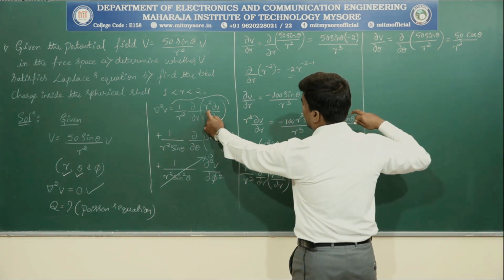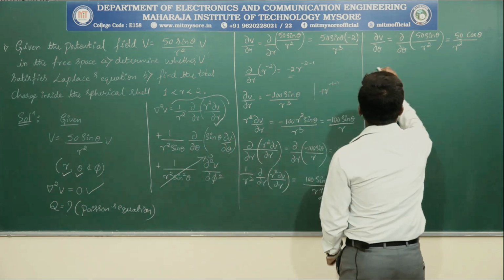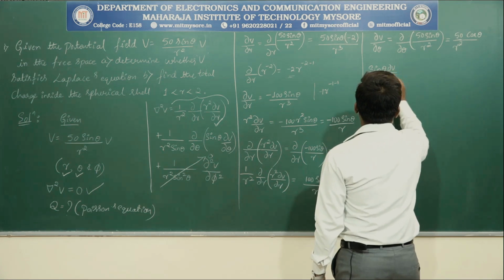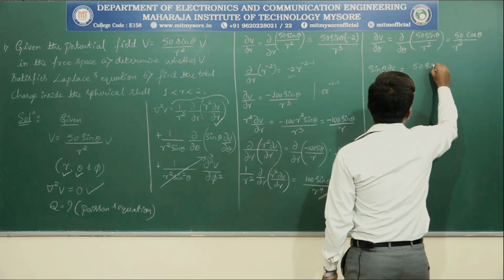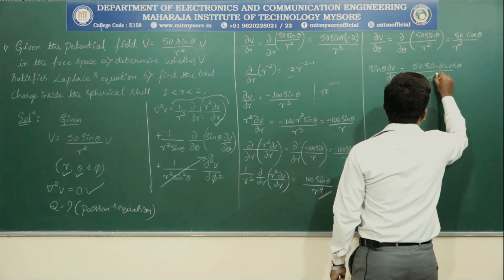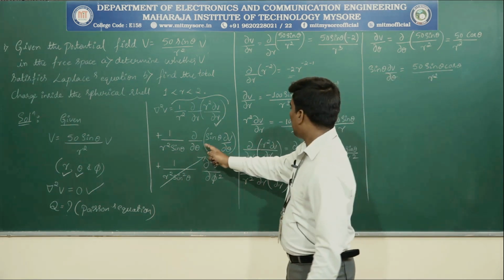So what is the next thing we need to have? The second, sin theta into ∂V/∂theta, right? Sin theta into ∂V/∂theta can be written as 50 sin theta into cos theta divided by r square.